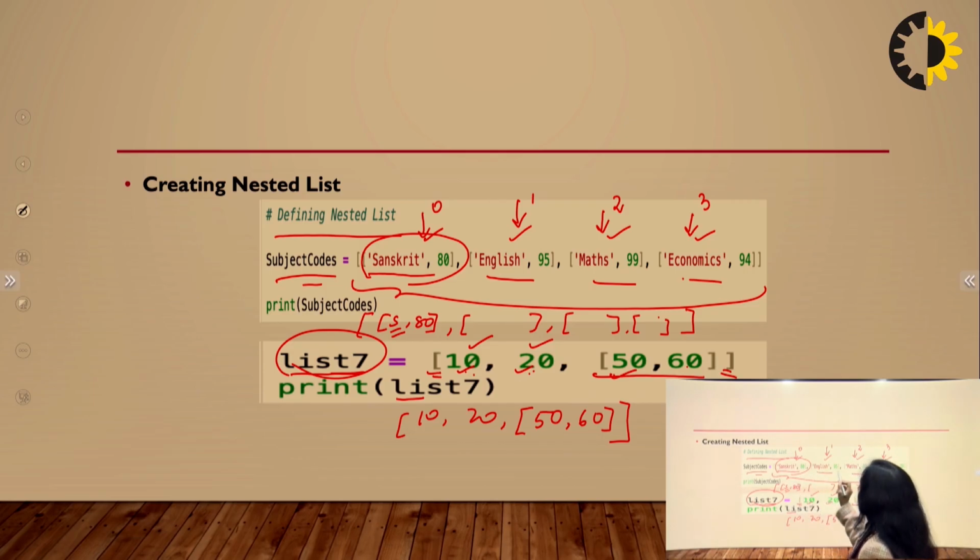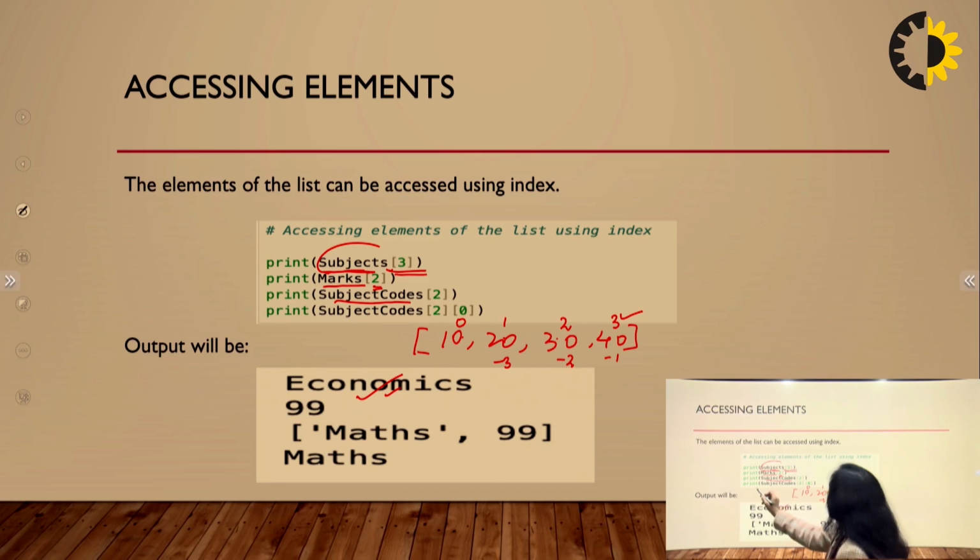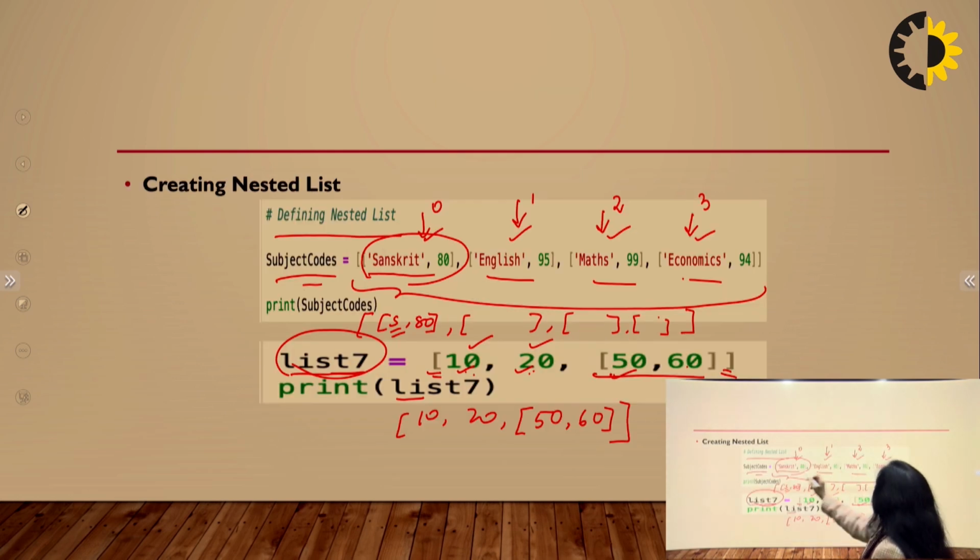So, basically for the nested list, there will be 2 indexes: one to reach the particular list inside the list, and another to access the value inside the list that is already nested in the list. So, let me see this one. It's asking to print the subject_codes with index 2 and the other one is asking to print the subject_codes with index 2, 0. That means the 2 will be this one.